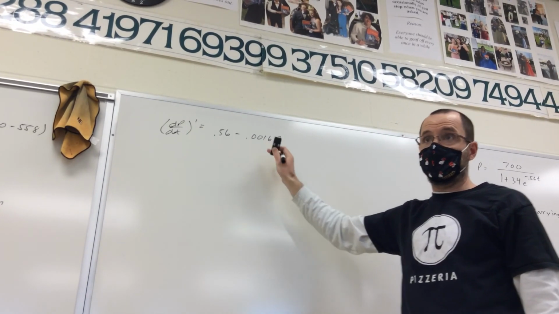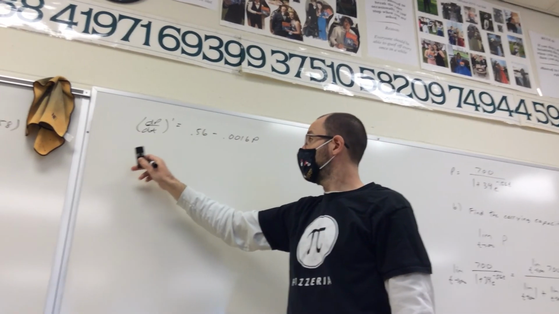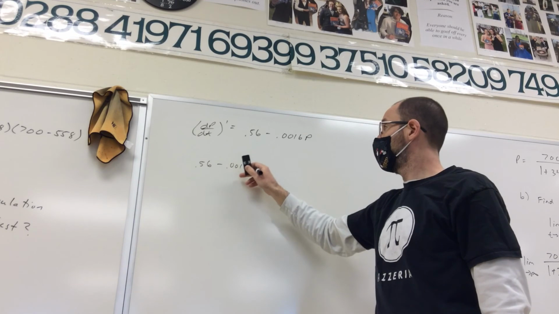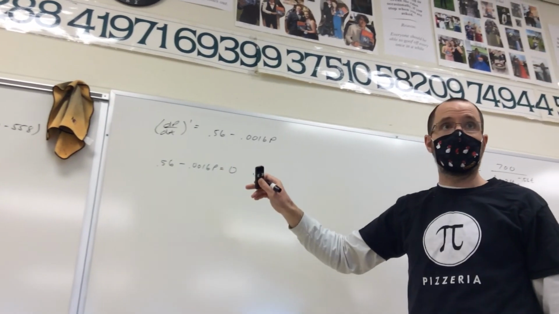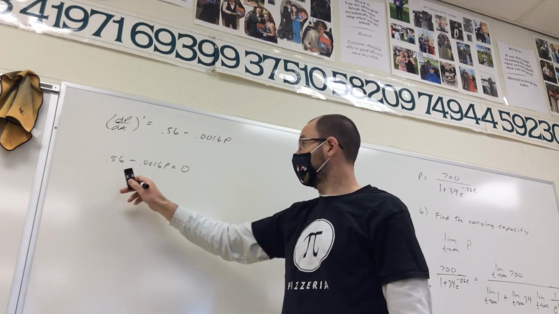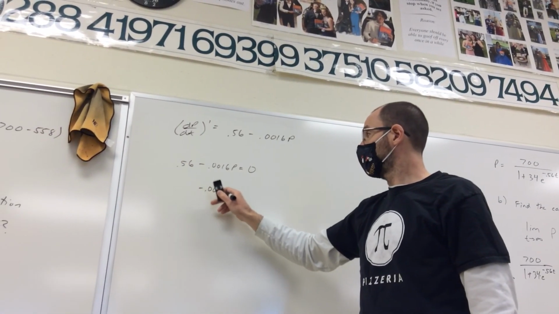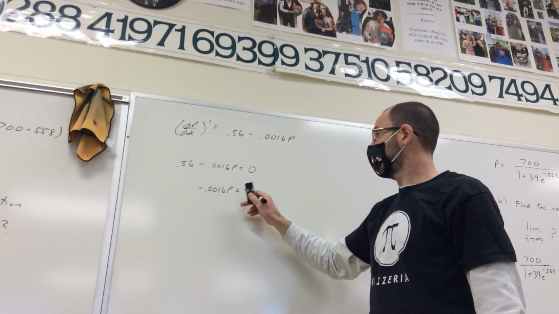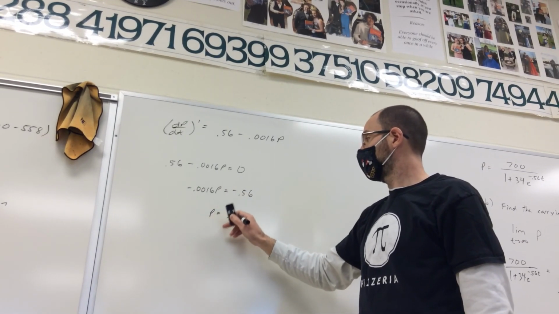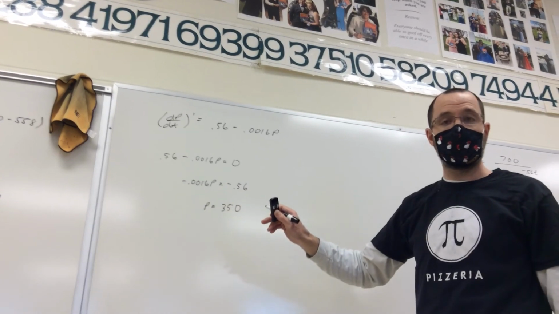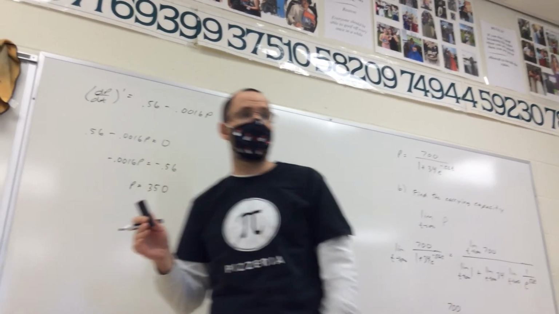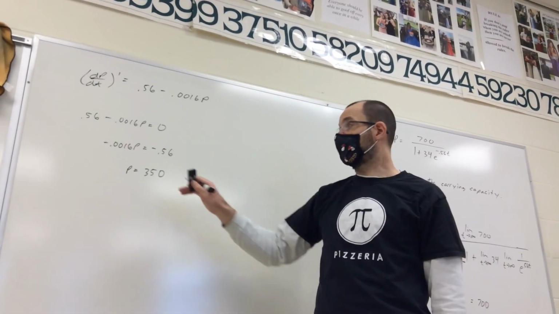Now I'm going to set that equal to 0 and undefined. It's never undefined. I'll just set it equal to 0. Subtracting that over. And 0.56 divided by 0.0016 is 350.